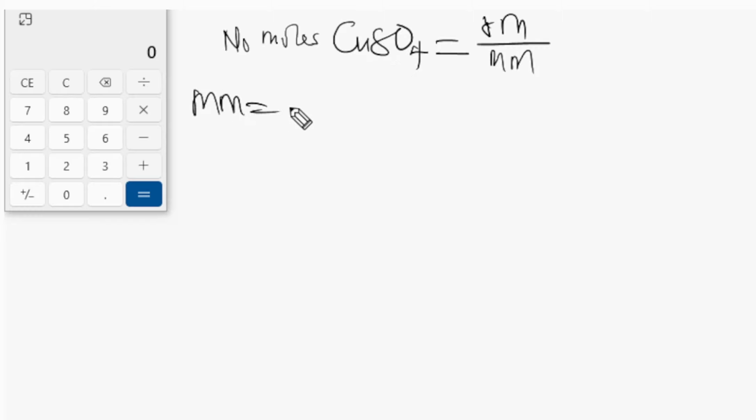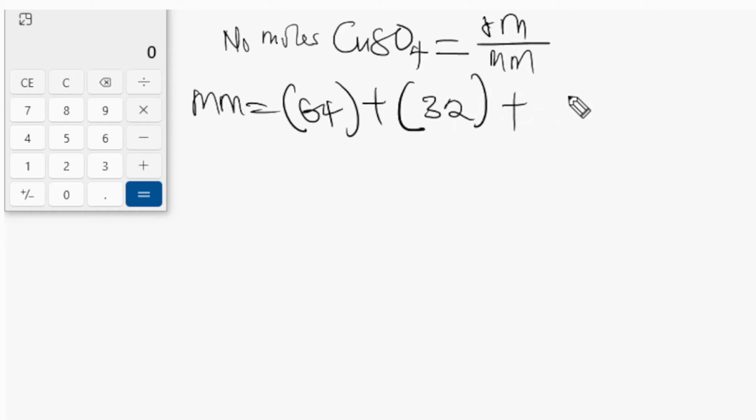So molecular mass is going to be, copper is 64, then plus sulfur is 32, then plus oxygen is 16, but times 4 here since it has 4 here. So guys, let's add this up together. Actually, let's start with 16 times 4, which is 64. Then let's add this to 32. Then let's add this to the last 64. And that's 160.